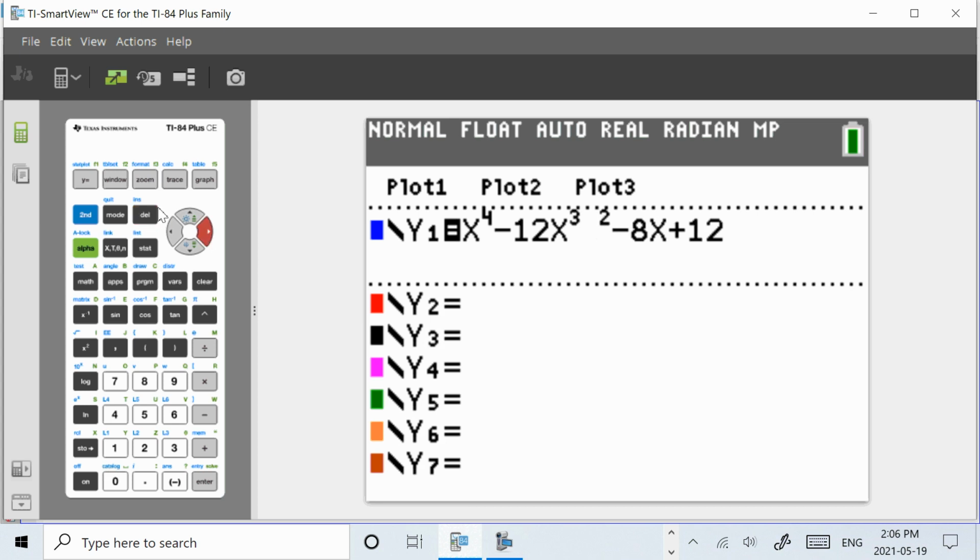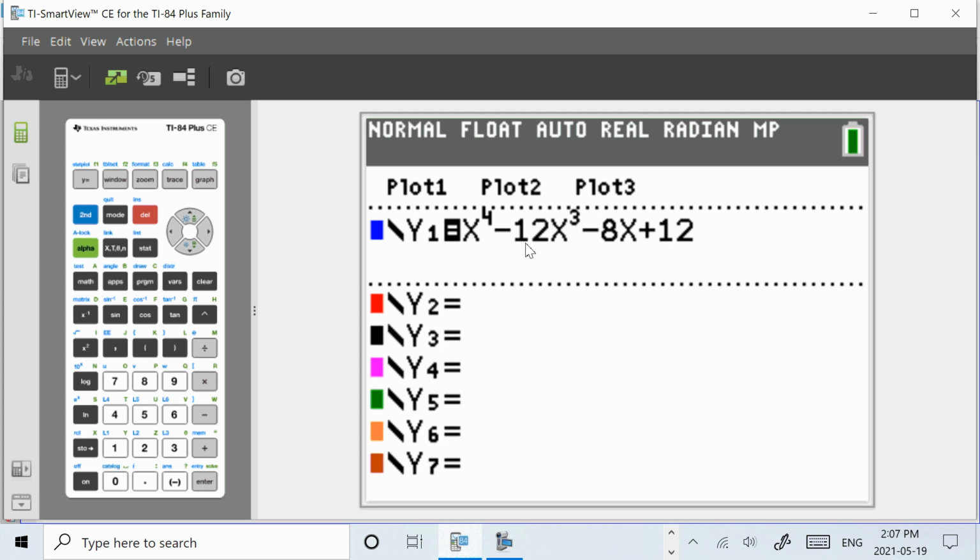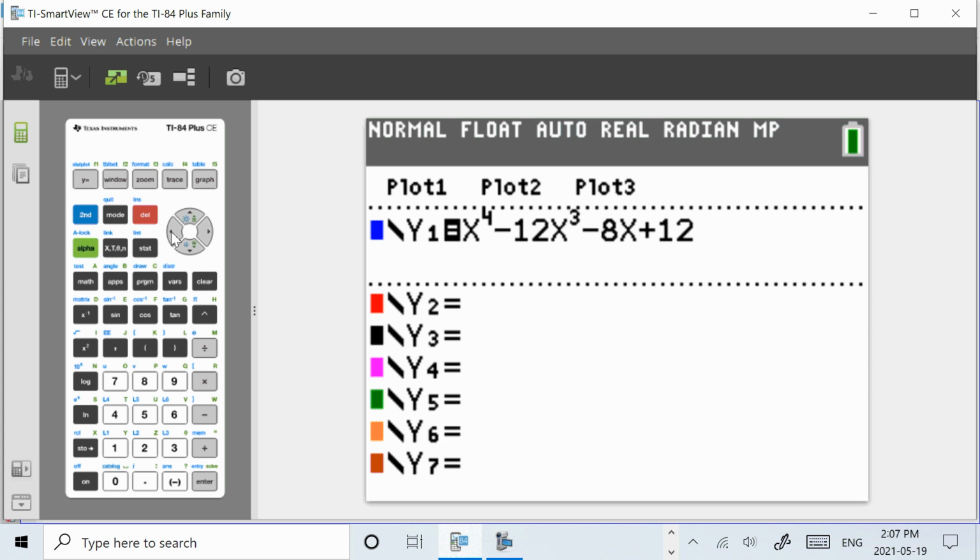Sorry. I'm going to need a 0 as a placeholder. It would have just been more efficient if I would have just cleared this whole thing. Okay, x to the 4 minus 12x to the 3. Oh, this guy's squared. x to the 4 minus 12x squared plus 4x, and then plus 15.